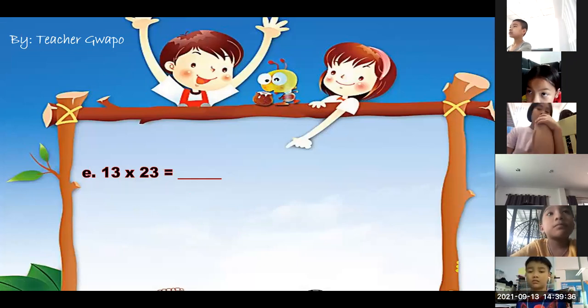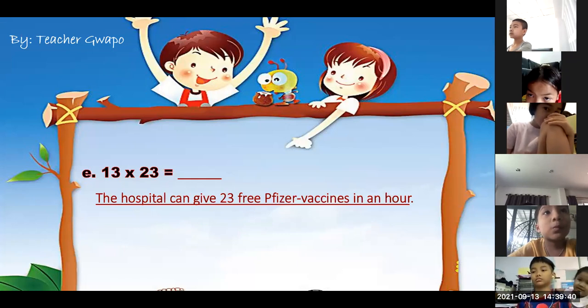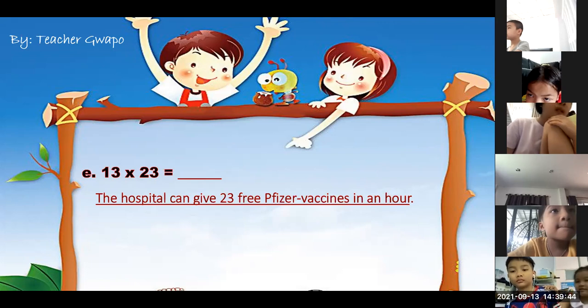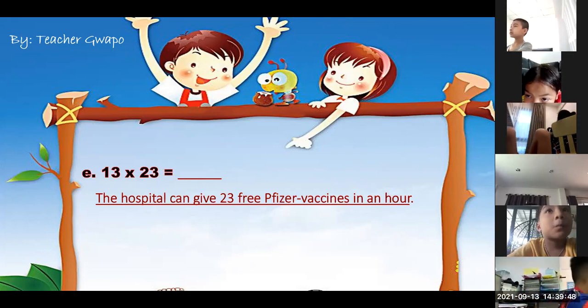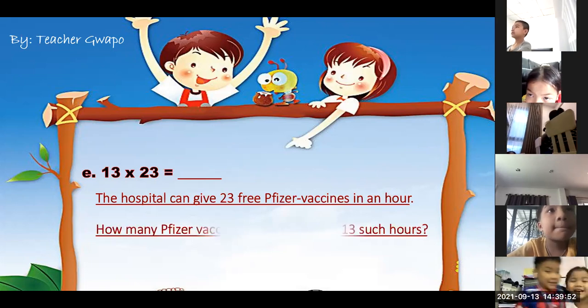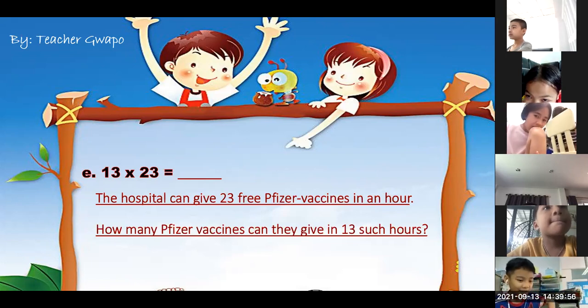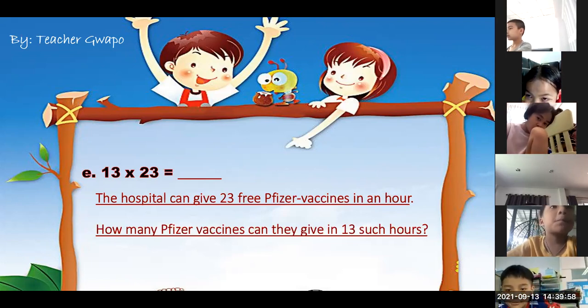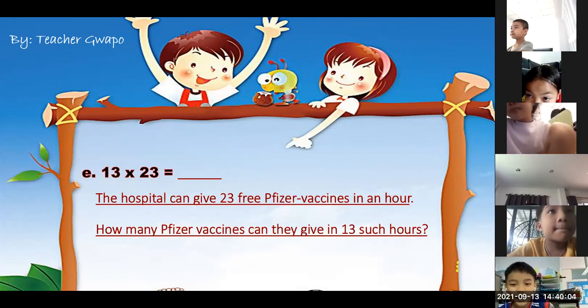Let's say, for example, the hospital can give 23 free Pfizer vaccines in an hour. Now, how many Pfizer vaccines can they give in 13 such hours? Something like that.